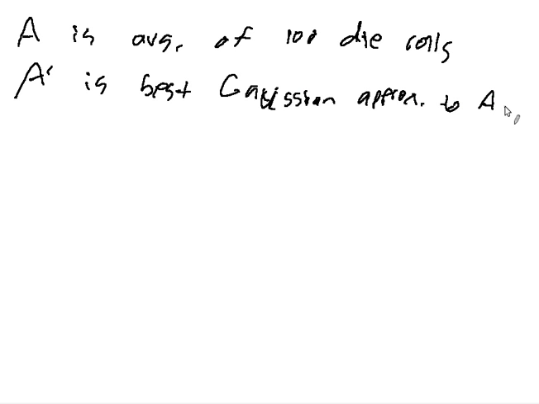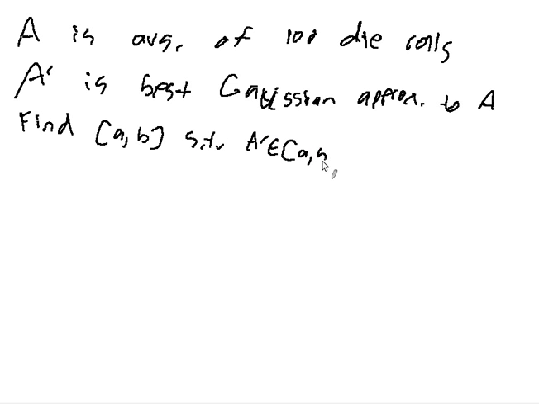So let's just say it is normally distributed and call it A prime. And now we're asked to find the bounds of an interval such that A prime is in that interval exactly 90% of the time.